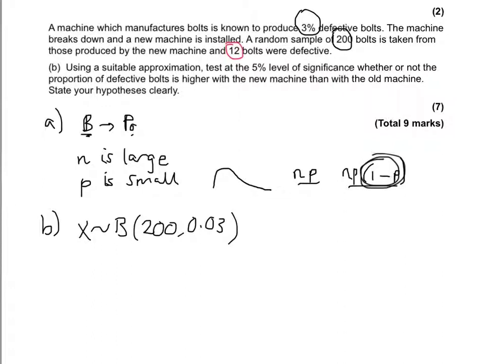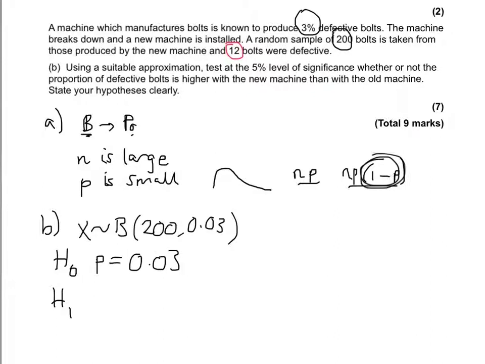So let's think now about how I'm going to set up my hypothesis test in terms of my H0, my null hypothesis, and my H1, my alternative hypothesis. My H0, my null hypothesis, is always that nothing has changed from my initial distribution. So in this context, it means that P is still 0.03.